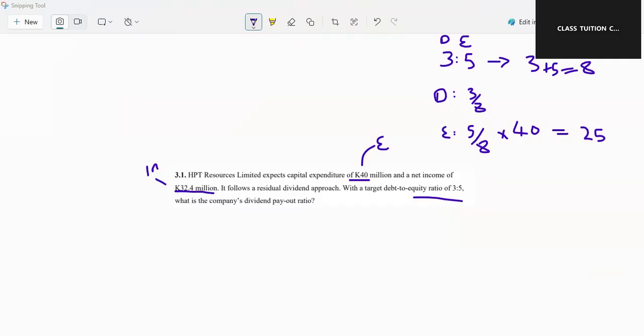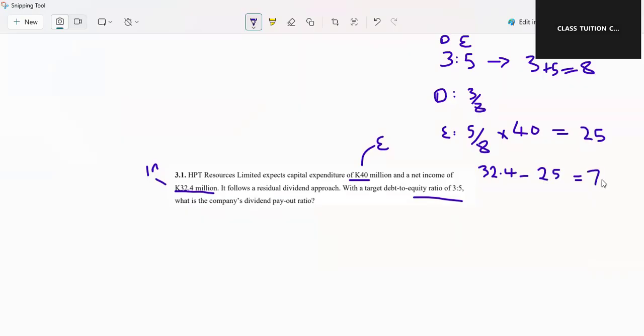From our 32.4 income, we subtract this 25, because we would otherwise pay out all of the 32.4 to the shareholders, but this component has to go for investment.